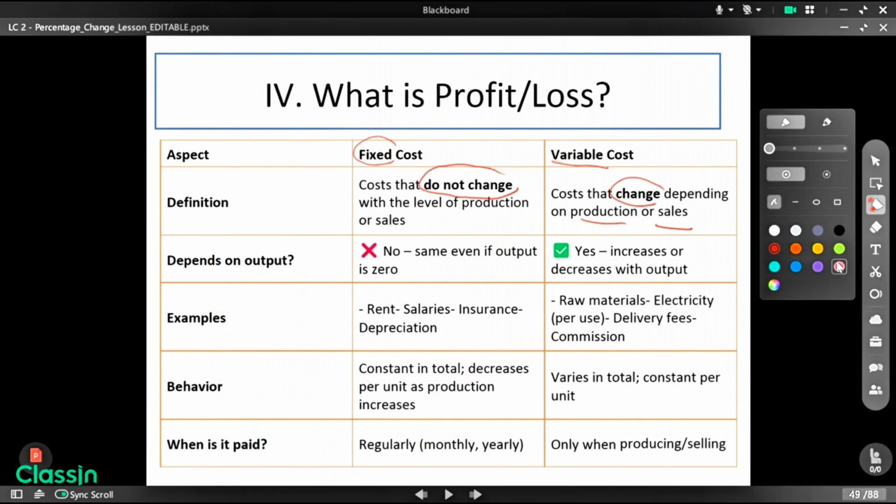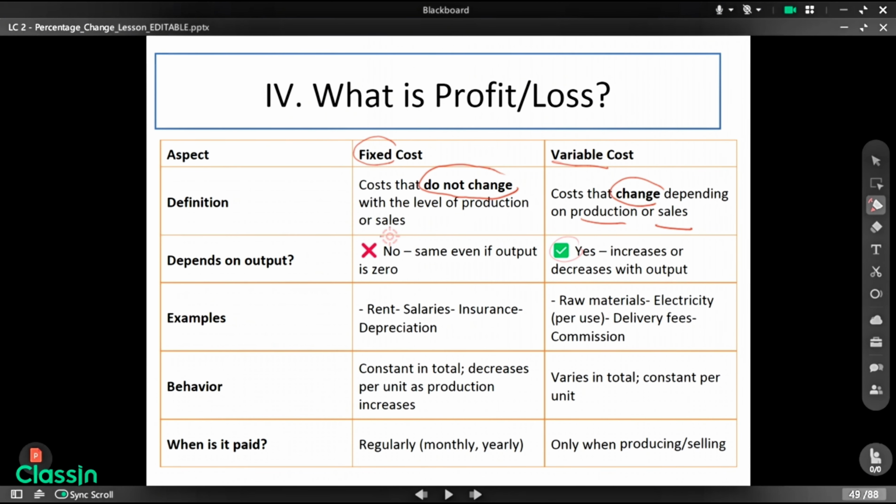Fixed costs are not dependent on the output; it could be zero. For example, fixed costs could be rent, salaries, insurance, depreciation, because you are paying them regularly, monthly or yearly. Variable costs could be electricity for use, delivery fees, commission, raw materials.